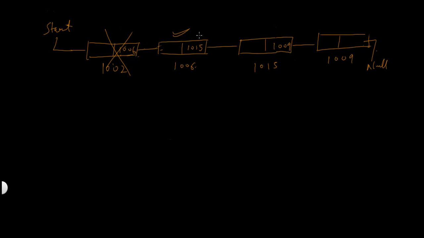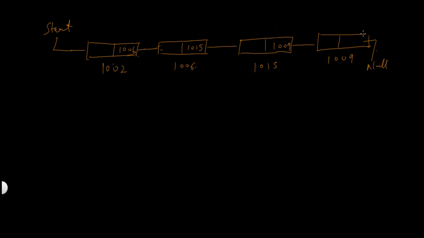So the address of this node should be assigned to start pointer, because start should always store the address of the first node.